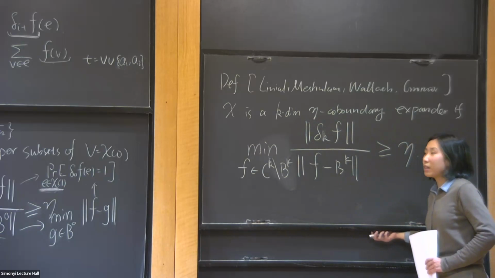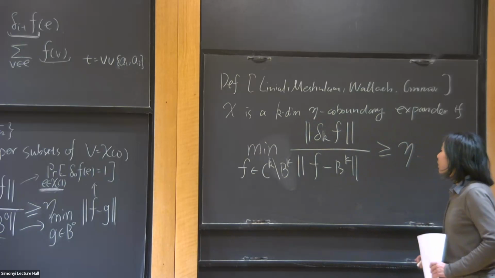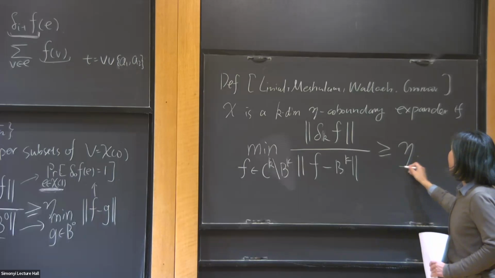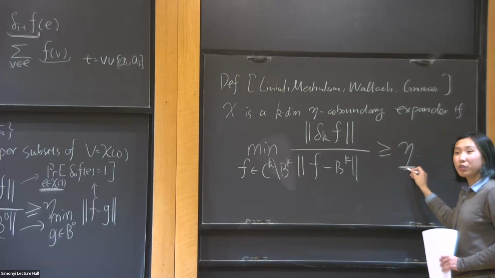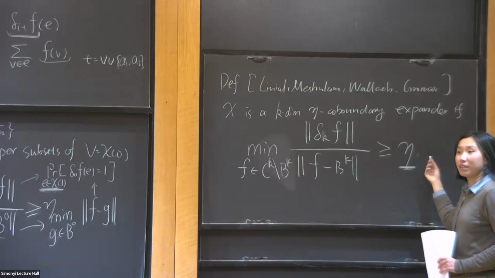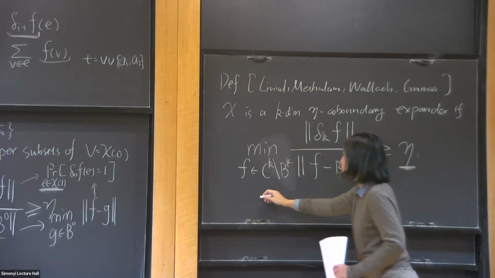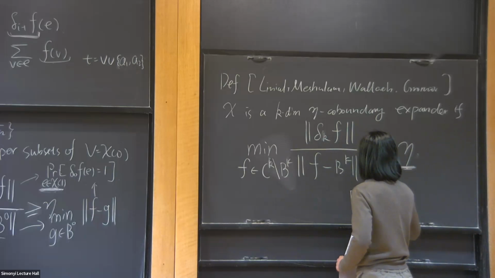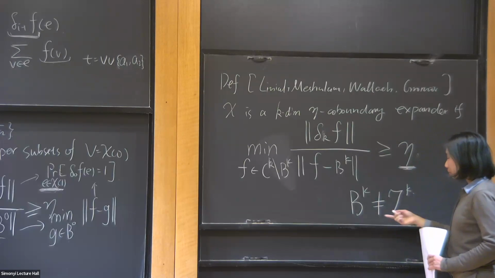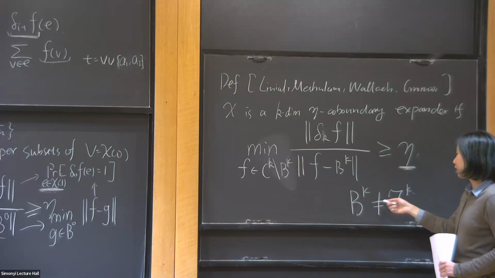Oh, and one thing I should note is the minimum requirement for you to have a non-trivial number here. By non-trivial, I mean even a number maybe depending on the number of vertices that you have in the graph. The minimum requirement is that B^k is equal to Z^k. We've seen that B^k is definitely contained in Z^k.